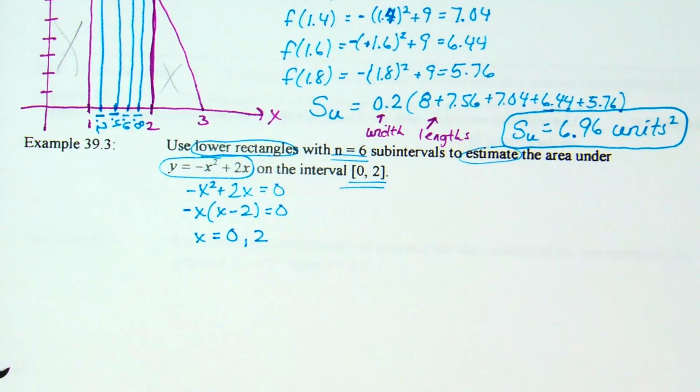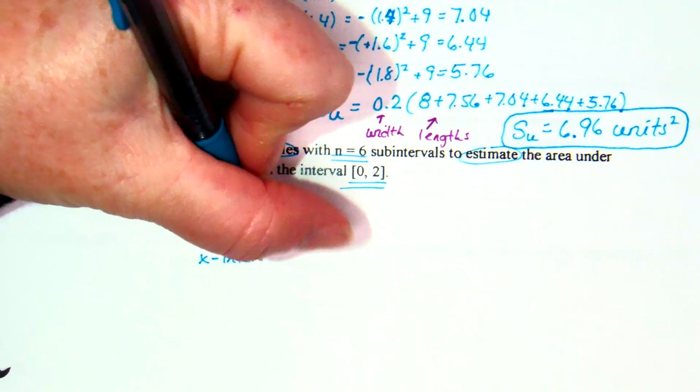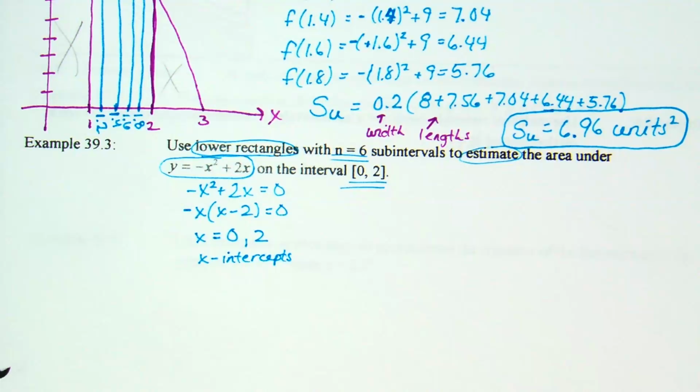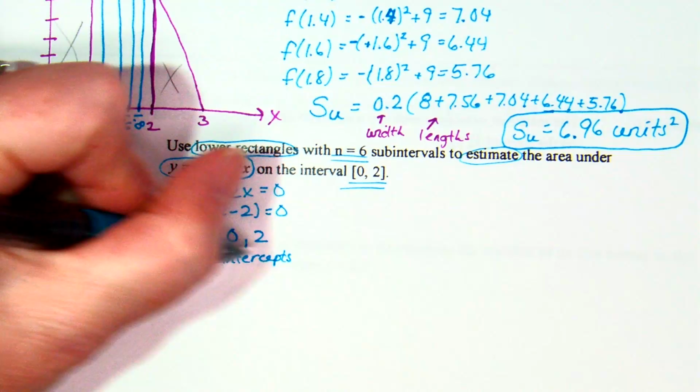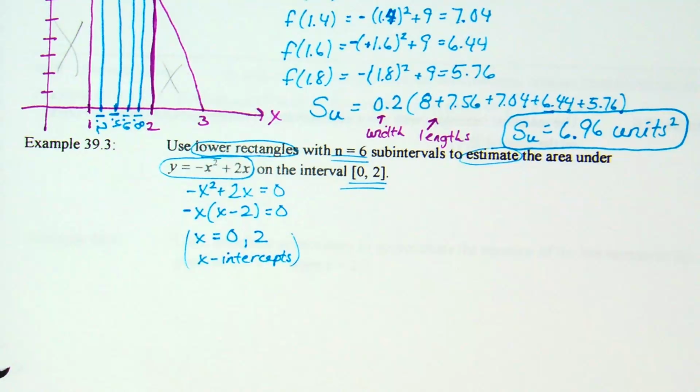What is that 0 and 2? That's your interval. Well, it happens to be my interval, but more importantly, on my graph, since those are my zeros, my solutions, those are my x-intercepts. And I'm doing that because it can help me graph it.